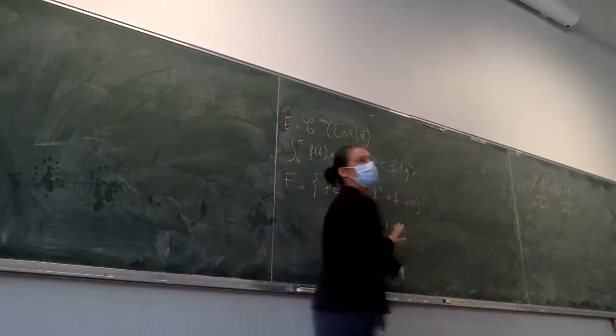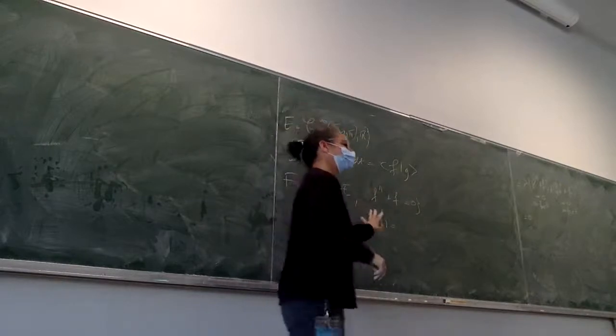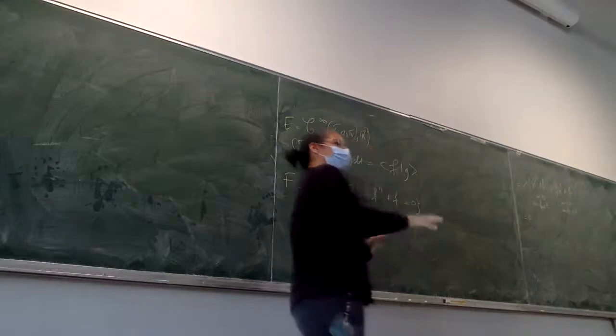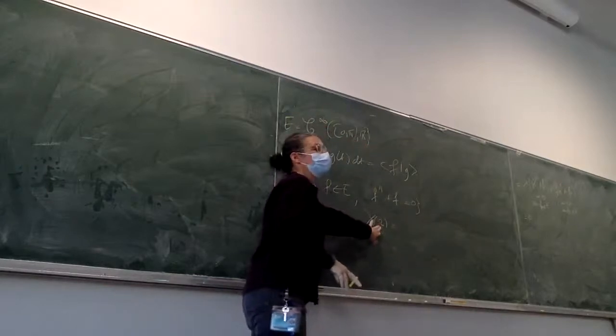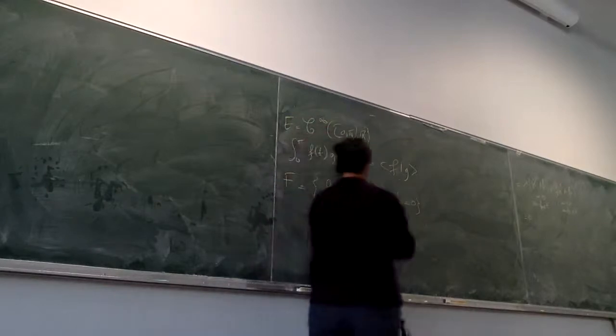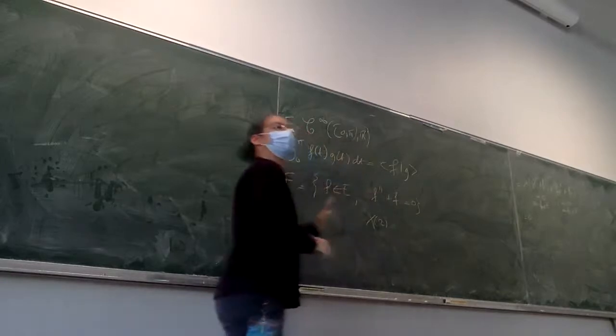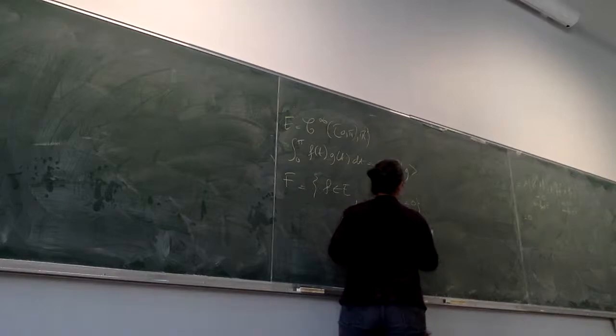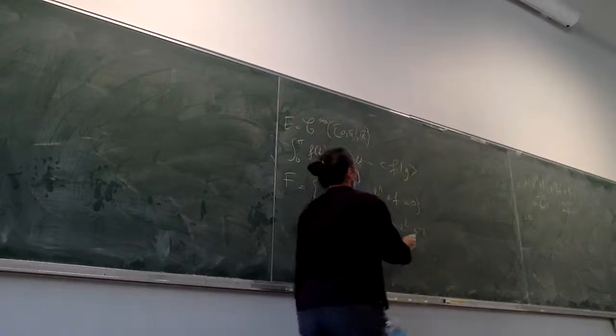Usually we use another variable than x, because x is either for functions or for variables. So usually I write it with whatever letters you want. We get r squared plus r plus 1.